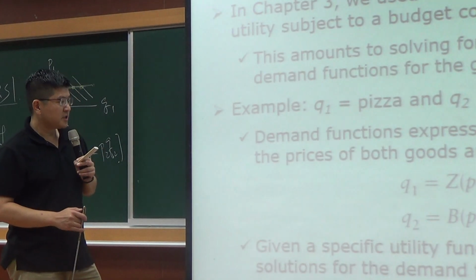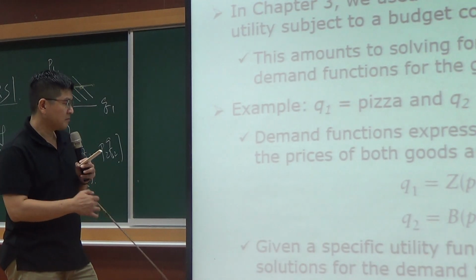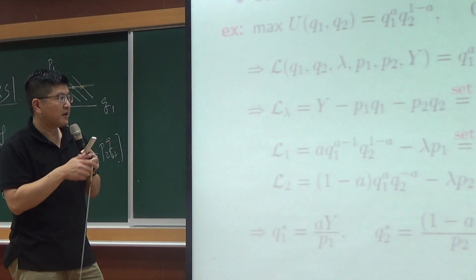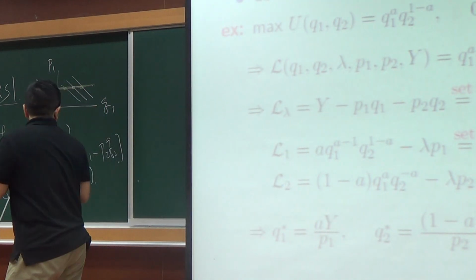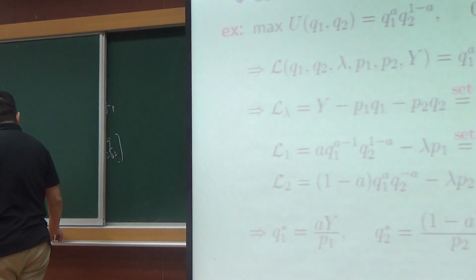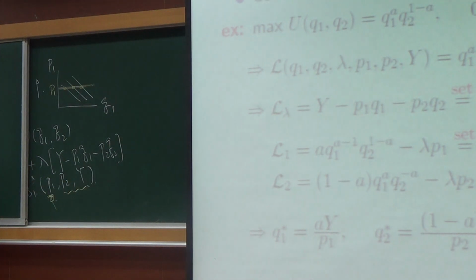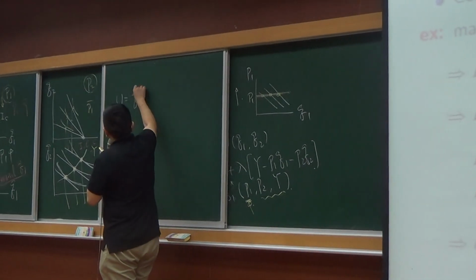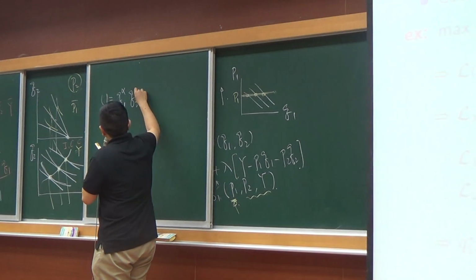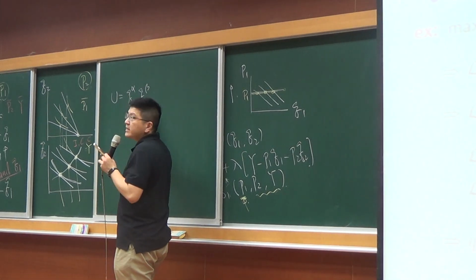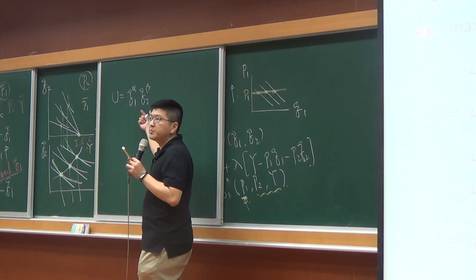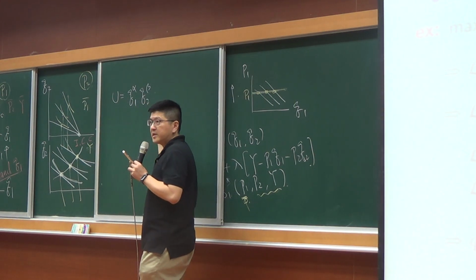Given a specific utility function, we can find closed form solutions for the demand functions. And actually we have done this, right? Do you remember the Cobb-Douglas? If you remember, when the utility function looks like Q1 to the power of alpha, Q2 to the power of beta, then the expenditure on Q1 to the expenditure on Q2 will be alpha to beta, right?